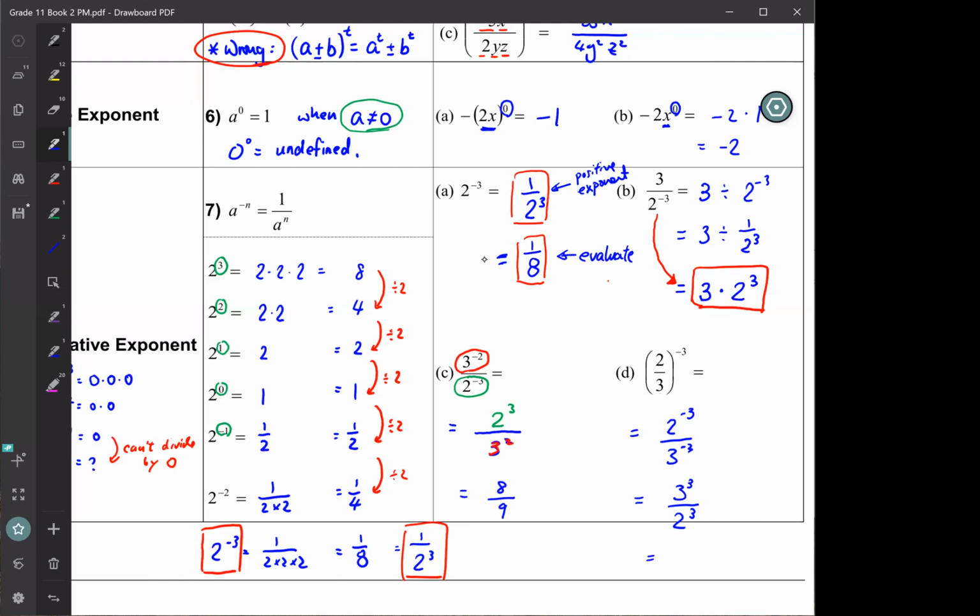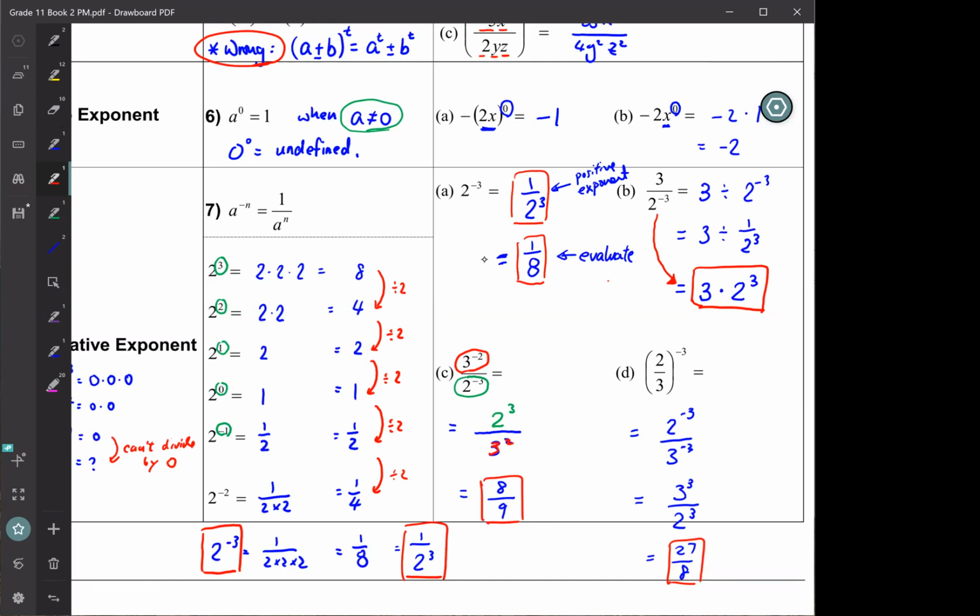So what will be the answer now, Evan? It'll be 27 over 8. Yeah. Okay, so if they say evaluate, you leave it like that. 8 over 9 for question C.